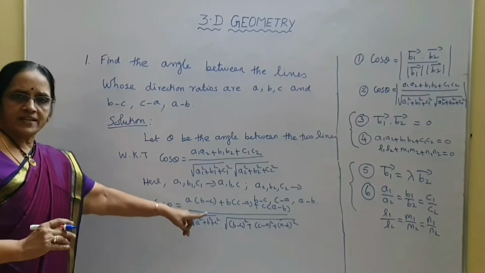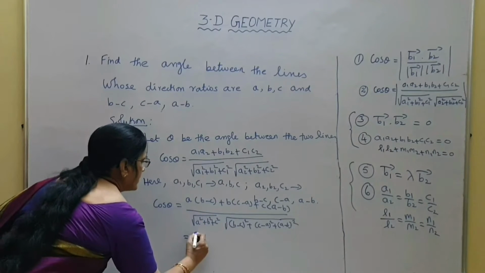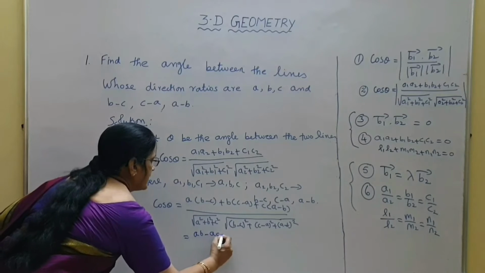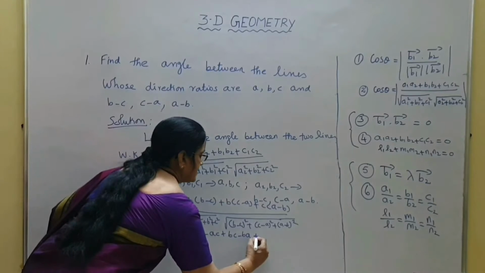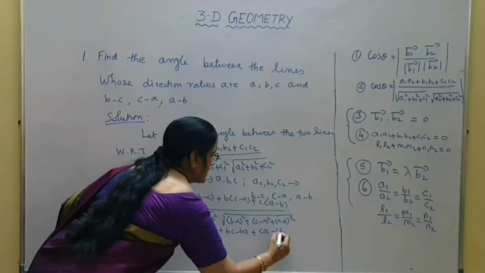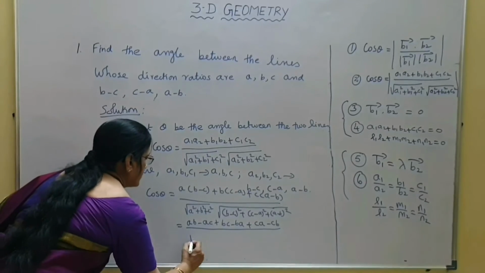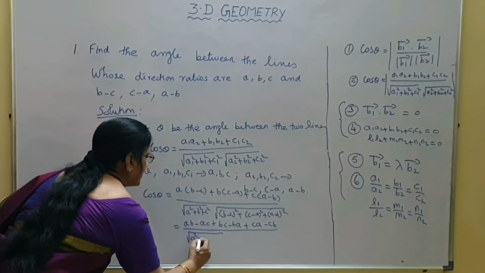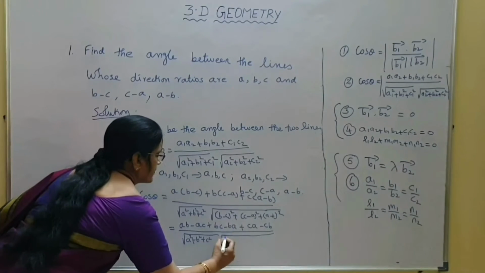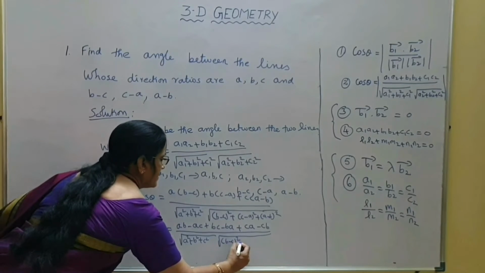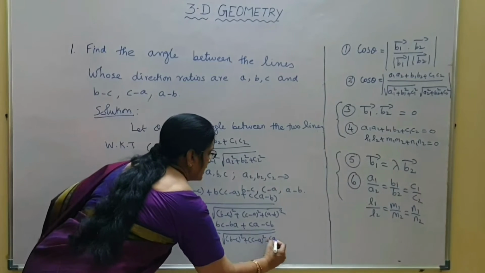Now let us multiply term by term. We will be getting cos theta is equal to ab minus ac plus bc minus ba plus ca minus cb divided by the same denominator.